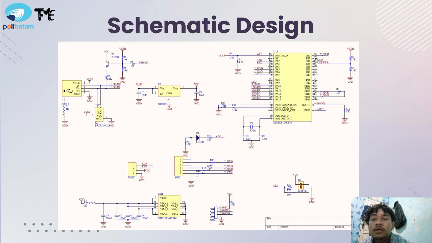The STM32 is the main controller that processes all input and controls the output. An 8 MHz crystal oscillator with 22 picofarad capacitors provides an accurate clock signal. The coupling capacitor stabilizes the power supply, and the SWD connector is used for programming and debugging, while the UART header provides serial communication. The reset circuit restarts the microcontroller, the BOOT0 circuit selects the boot mode, and the LED indicator shows the board status or program execution.